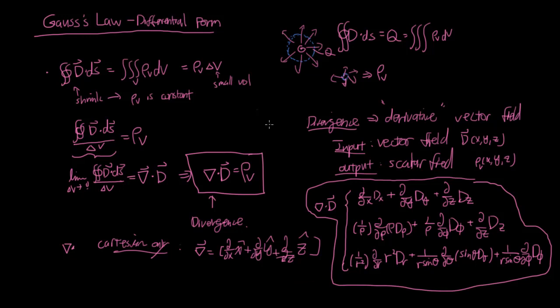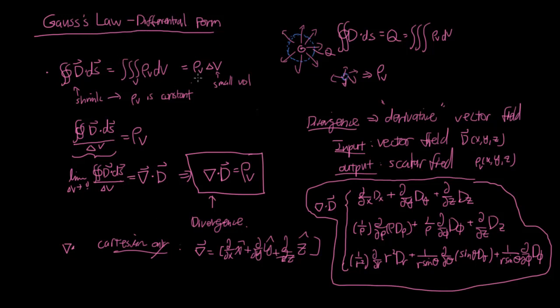The nice thing about the differential form is that quite often you can't do an integral easily, but in many cases you can take a derivative. So this approach allows you to solve a lot more different problem types. As a quick review of what we've done so far, we preceded this discussion by introducing the electric flux density, D, and through that we introduced Gauss's law in integral form.